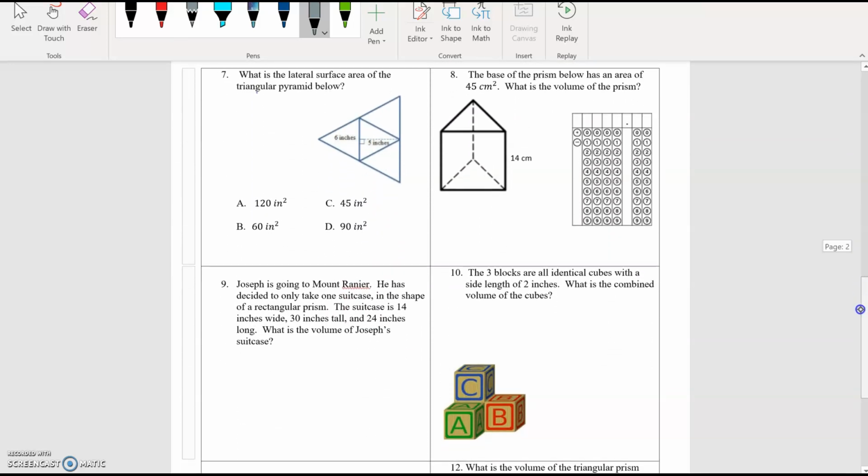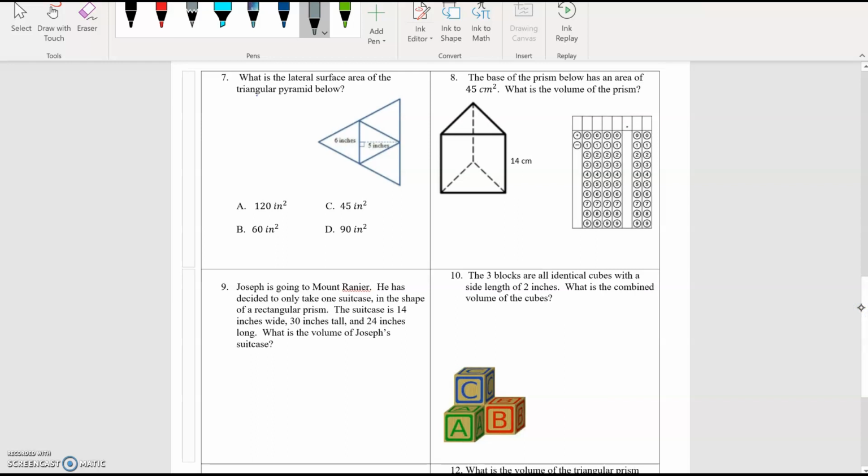All right, let's take another look at number 7. So 7 says, what is the lateral surface area of the triangular pyramid below? So triangular pyramid, so I know it's a pyramid and I know the base is a triangle. This is lateral surface area. So if you remember, lateral means the sides, okay? So we always colored in our base. So my base is this.